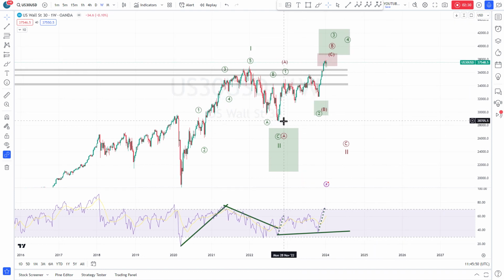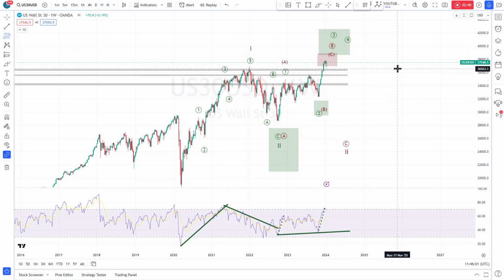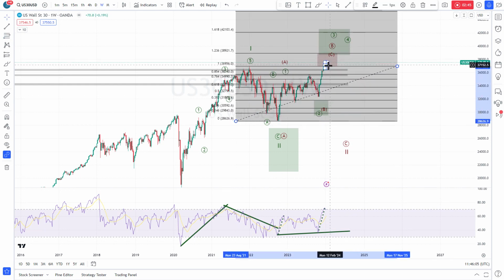And in order for this to be an overshooting wave B, we better stay within this area right here. If we take the length of our wave A, then we know that our wave B, the overshooting wave B, should stay in the area between the 1 and the 1.236 FIB extension.